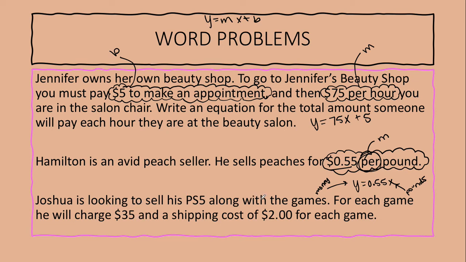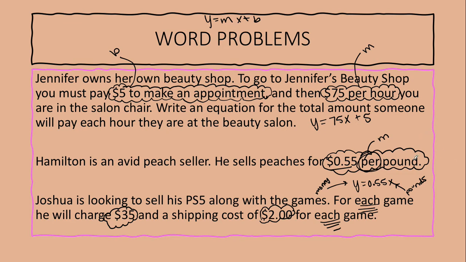Joshua is looking to sell his PS5 along with his games. For each game, keyword, he will charge $35. And a shipping cost of $2 for each game. Wait a minute, there's 2 eaches.